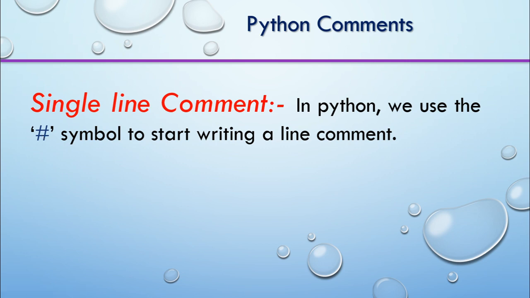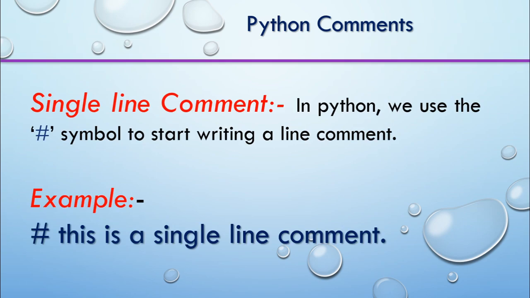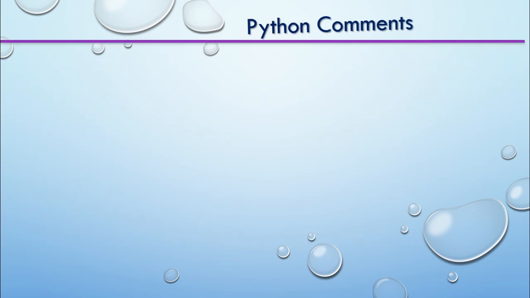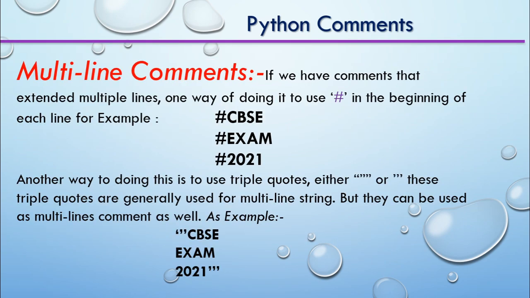We can also write multiple line comment entries. If we have comments that extend over multiple lines, one way is to use the hash symbol at the beginning of each line. For example, hash CBSE, hash exam and hash 2021.